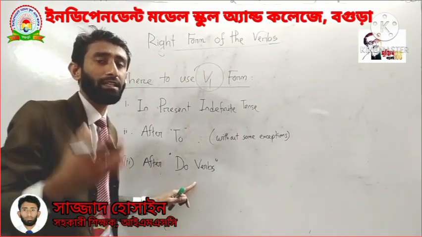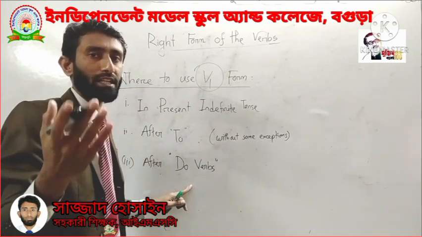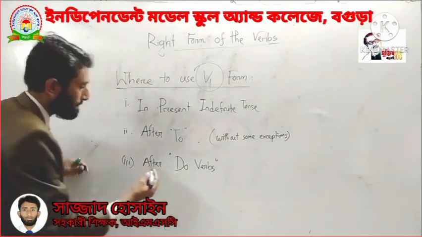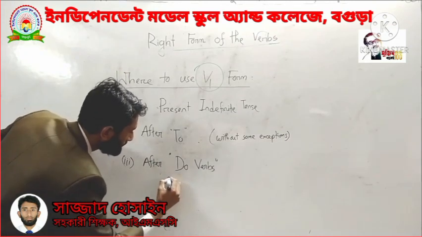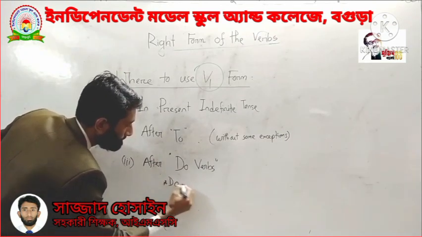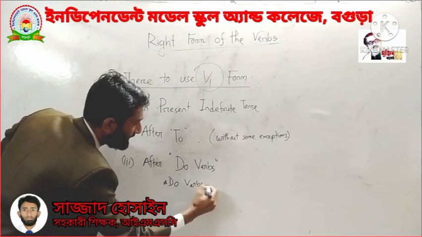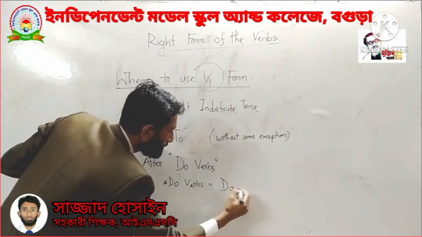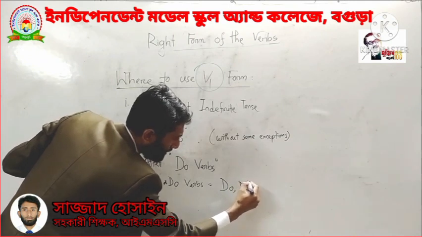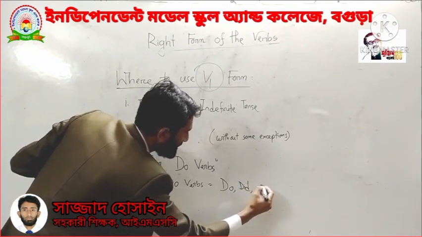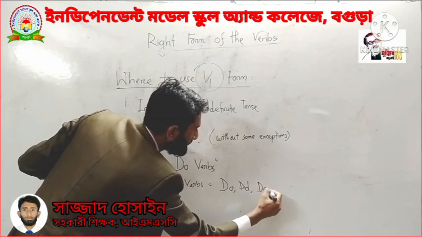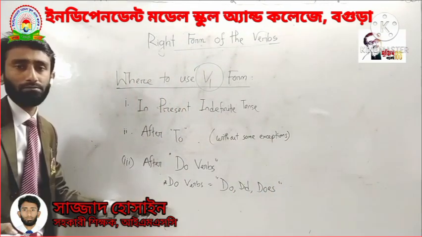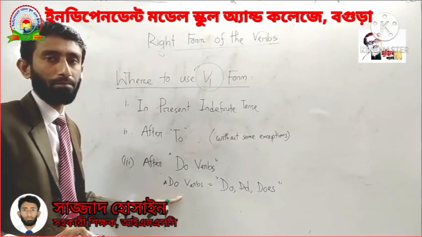And you may ask me the question, sir, which are the do verbs? Then the answer will be: do verbs are do, did and does. All these three forms are called do verbs.